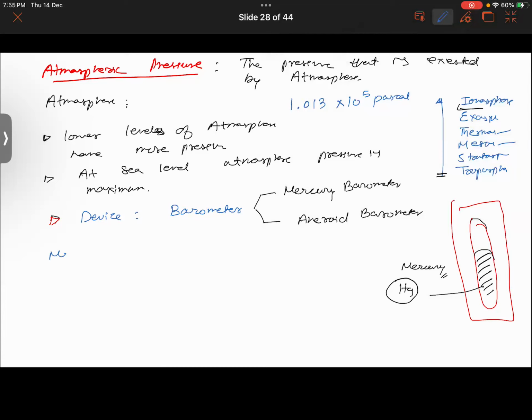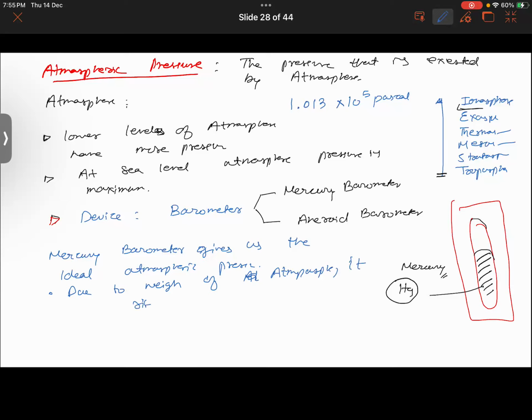So the mercury barometer gives us the ideal atmospheric pressure due to the weight of the atmosphere.